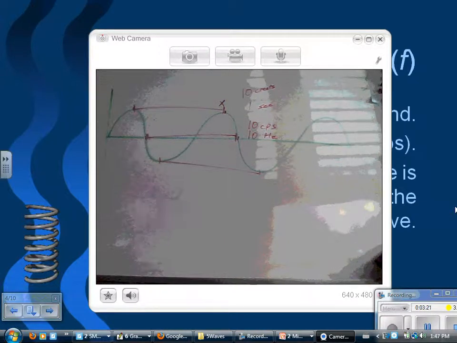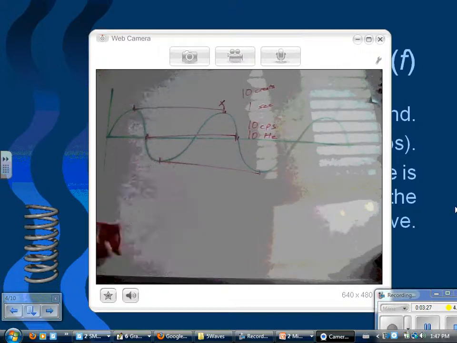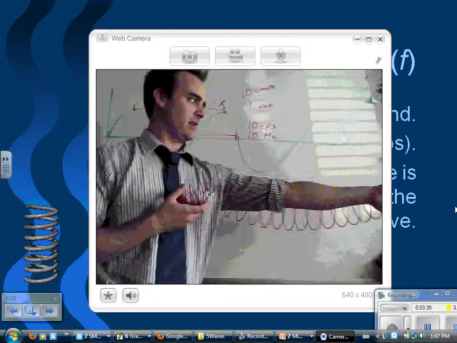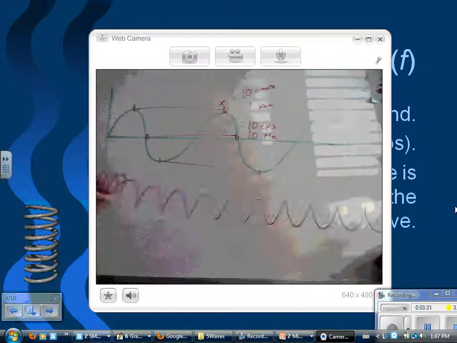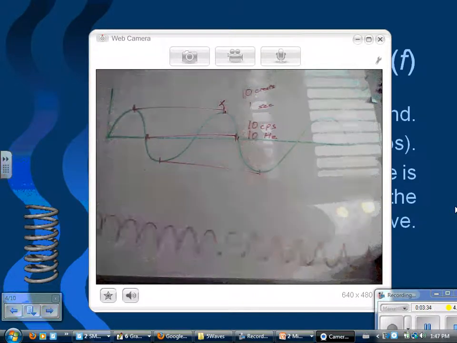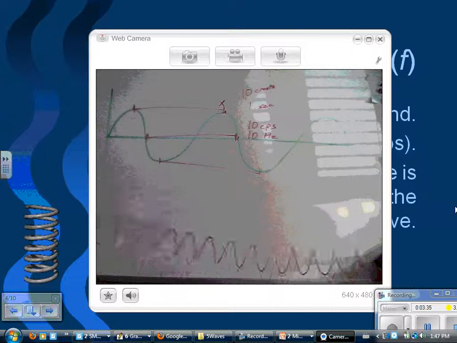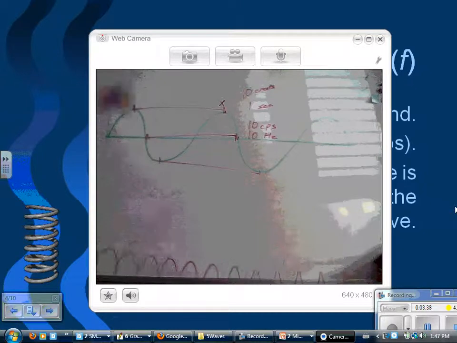So can I get someone to come up here real quick? Helen, thank you, Helen. Hurry up, we're recording. So here, Helen, hold that. Okay, so we've got a spring here. Now, all you have to do is hold it, okay, you ready? So you girls count how many crests go by.